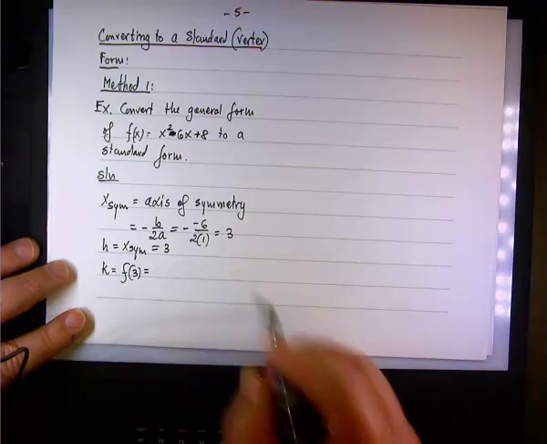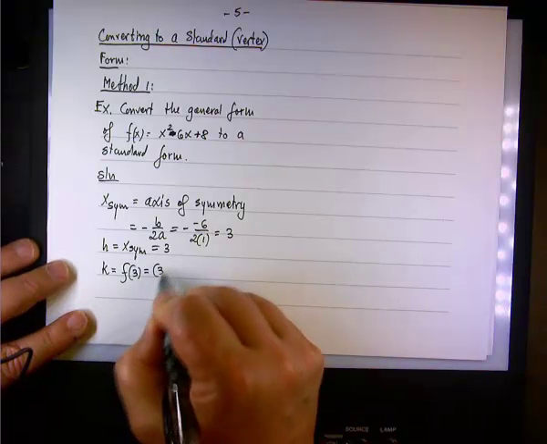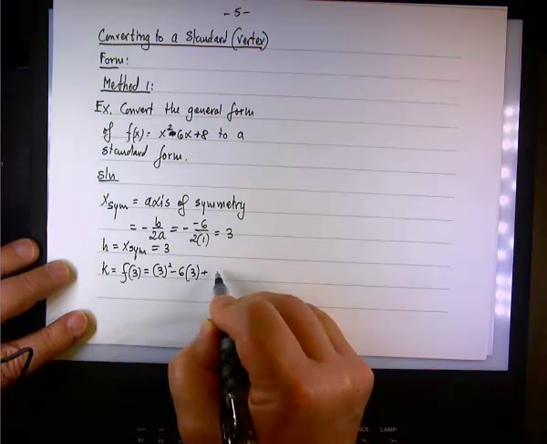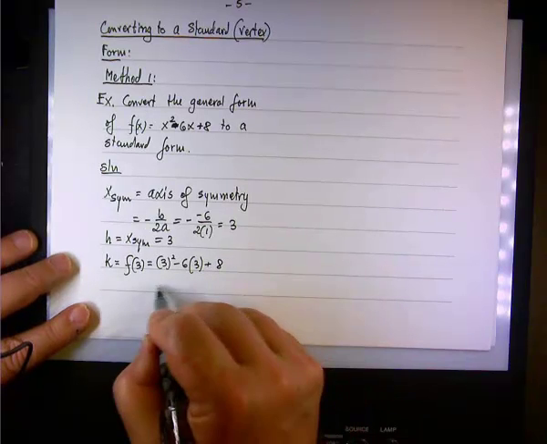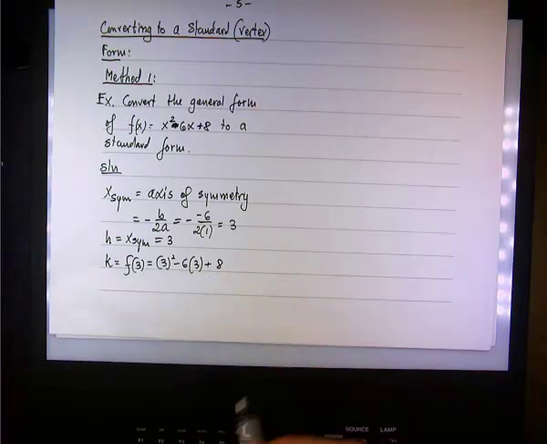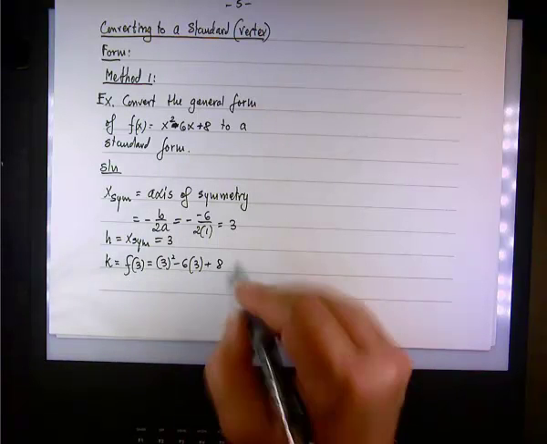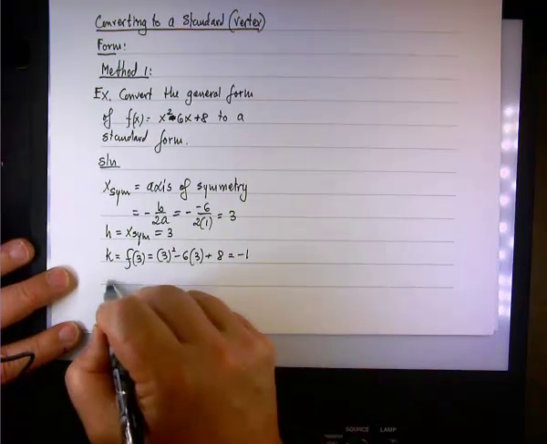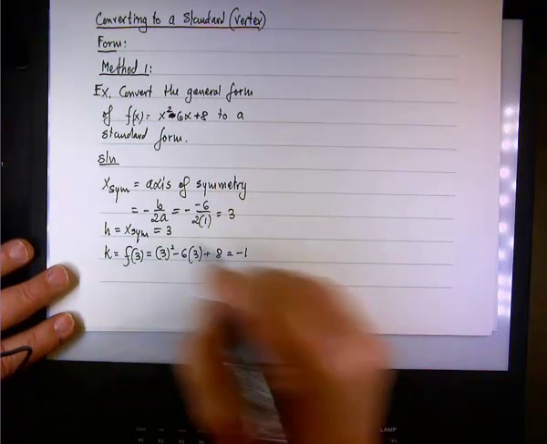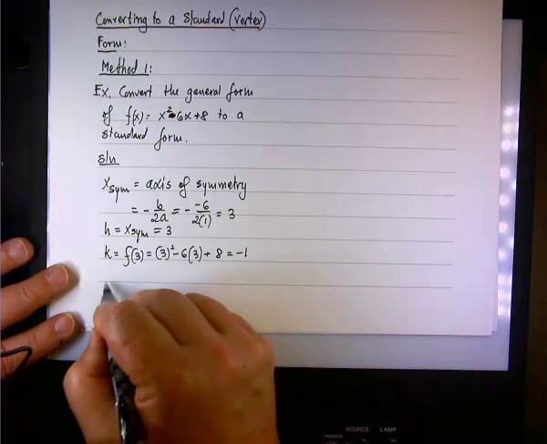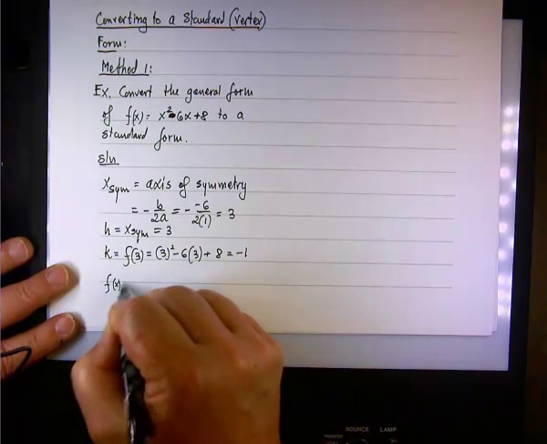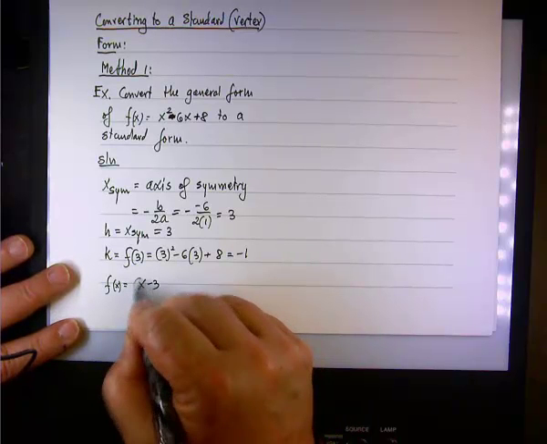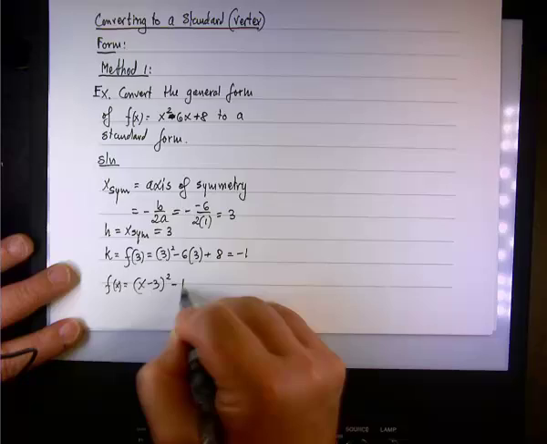So all we need to do is calculate it and get 3 squared minus 6 times 3 plus 8, or 9 minus 18. So this is negative 9 plus 8, so it will be negative 1. So the vertex is 3 and negative 1, and therefore f of x in its vertex form will be x minus 3 squared minus 1.